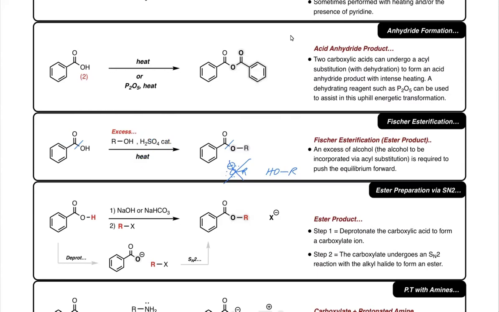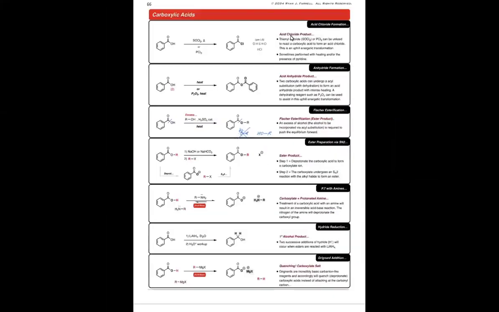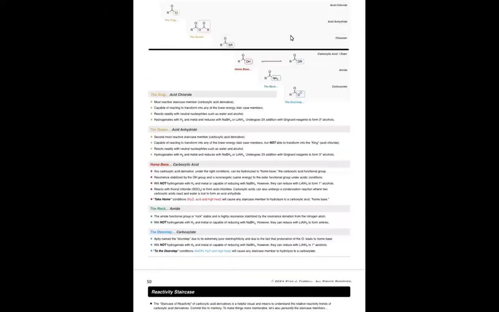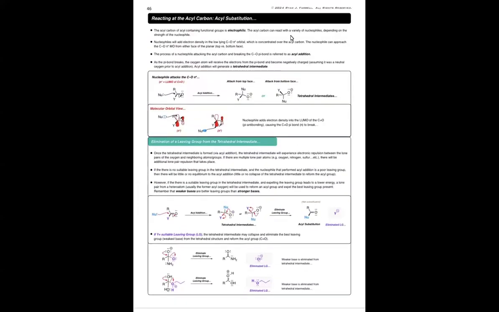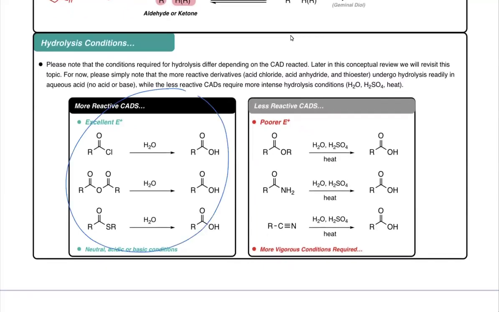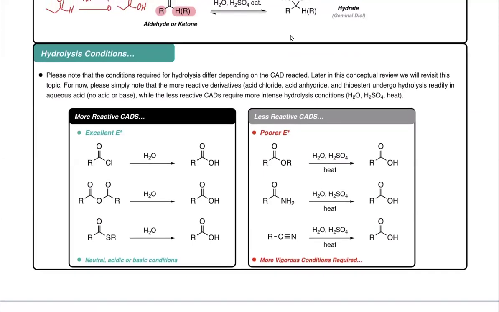I need to use more vigorous conditions. So that's essentially to exemplify what we're saying here with the parameters. We have our more reactive derivatives and our less reactive derivatives, and that can help us think through the reagents required for a transformation.